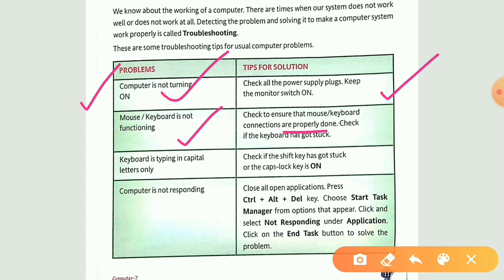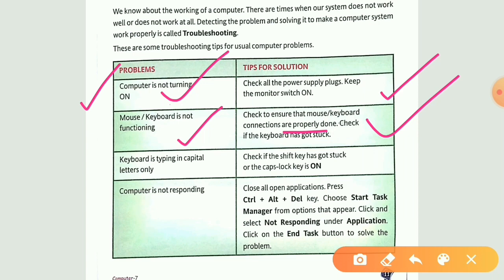Certain plugs are provided in your computer on which you connect the keyboard. Sometimes the wire might be broken in the middle, or the keyboard is not properly plugged in. Such things might happen, so your mouse or keyboard may not work properly. These are the solutions you can look for.